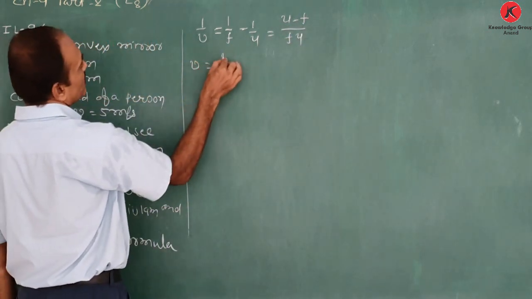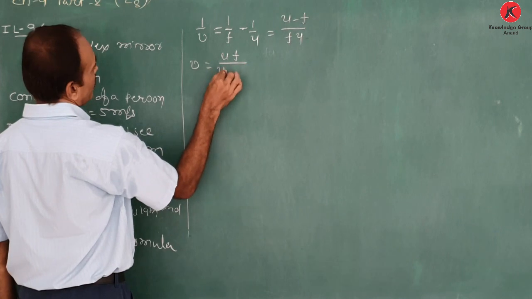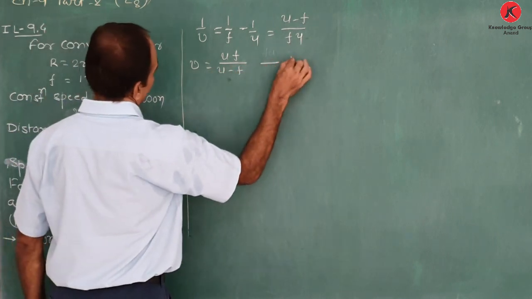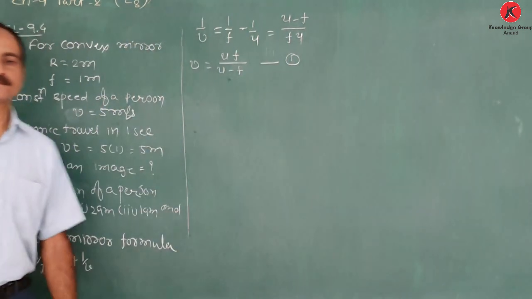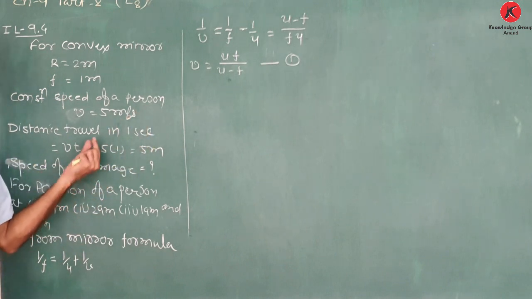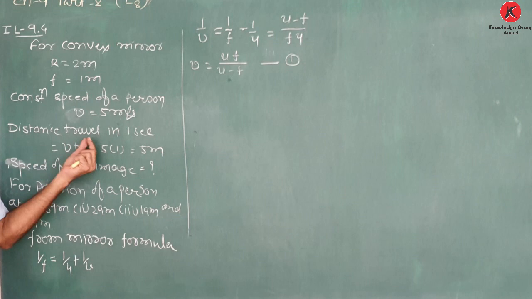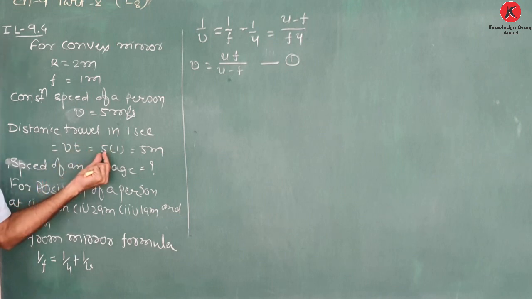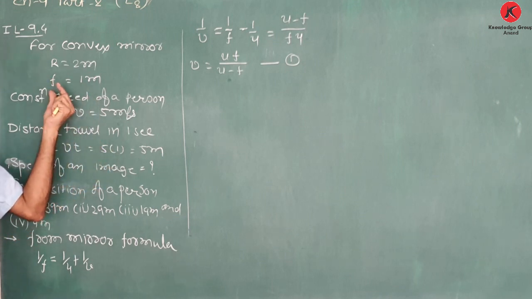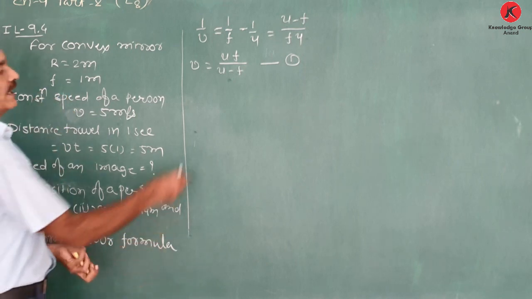Therefore, v is equal to uf upon u minus f, that is equation 1. The speed of the person is 5 meter per second, therefore the distance traveled by the person in 1 second is 5 meter. We already discussed the focal length of a convex mirror.